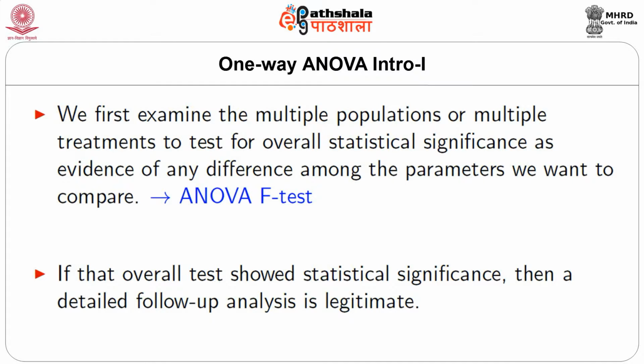One-way ANOVA Introduction 1. We first examine the multiple populations or multiple treatments to test for overall statistical significance as evidence of any difference among the parameters we want to compare. ANOVA F-test. If that overall test showed statistical significance, then a detailed follow-up analysis is legitimate.